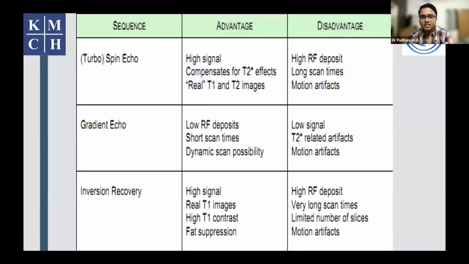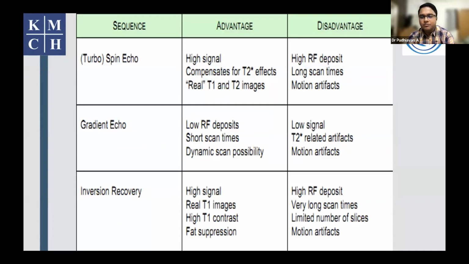So, the basic differences between these three main sequences: the spin echo sequence, the gradient echo sequence, and the inversion recovery sequence. In spin echo sequence, the advantages are that it produces high signal because there is a 180-degree pulse for refocusing the protons.